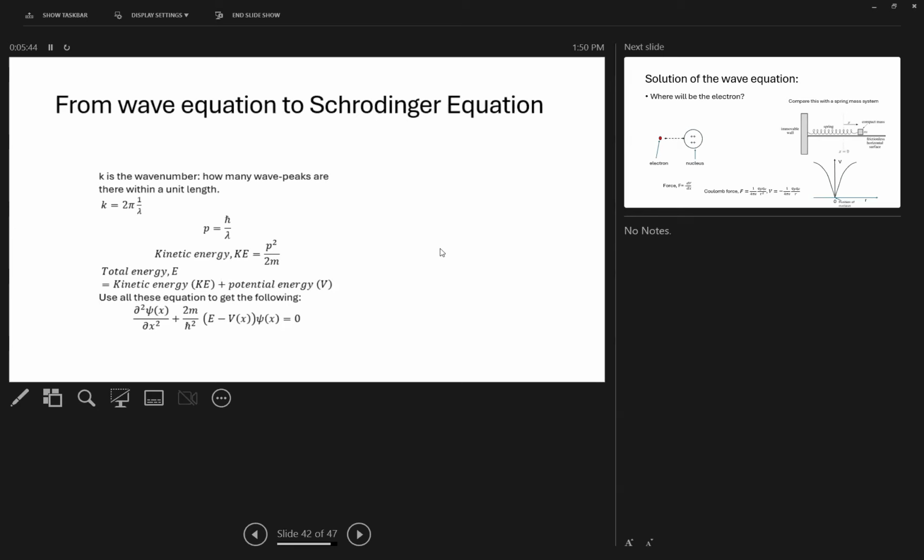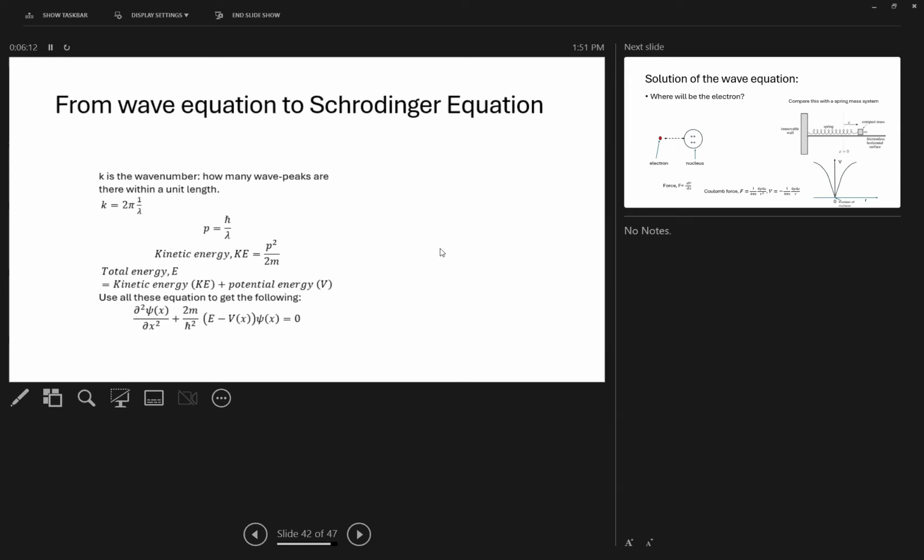E is equal to half mv square, right? This is the kinetic energy. And the potential energy, let's say V. So we can say that the kinetic energy, KE, can be written as p squared divided by twice m, where p is the momentum, m is the mass, okay?